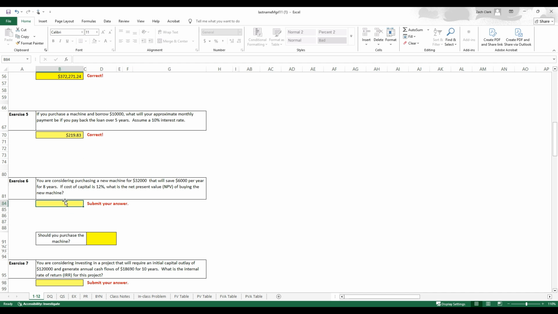So to solve this problem, we need to do a couple things. We have to take our $6,000, that's our annuity amount, and then what we want to see is what the present value of that annuity is going to be based on the time and the borrowing costs, etc. And so we'd say 8 years, 12%, present value of annuity, 8 years. Try to remember that.